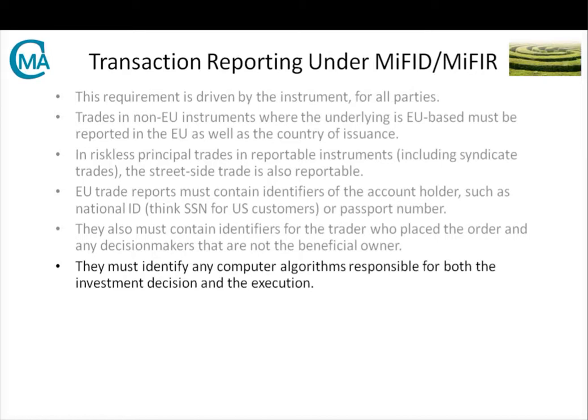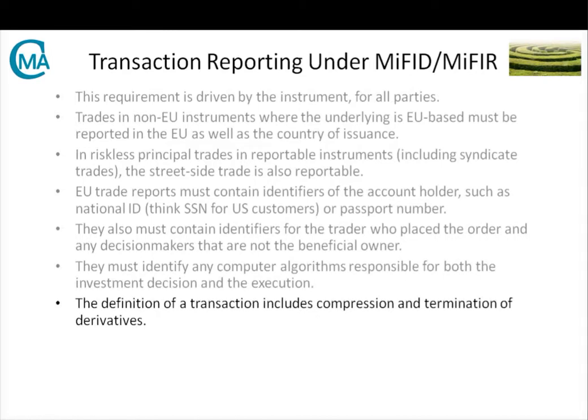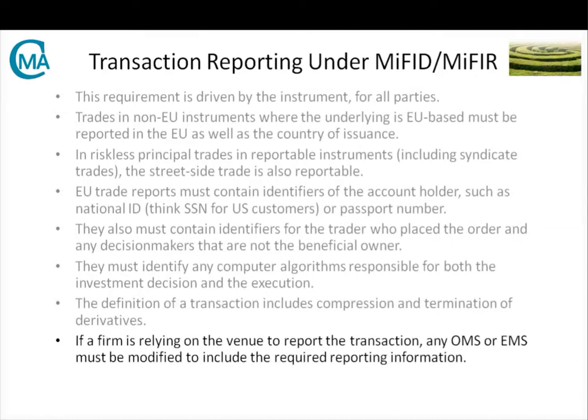And any algorithms necessary for the investment decision making. Among the transactions listed here are compression and termination. So it isn't just the things you would normally think of as a trade, but also a set of other things. And this has caused folks a certain amount of trouble as well.